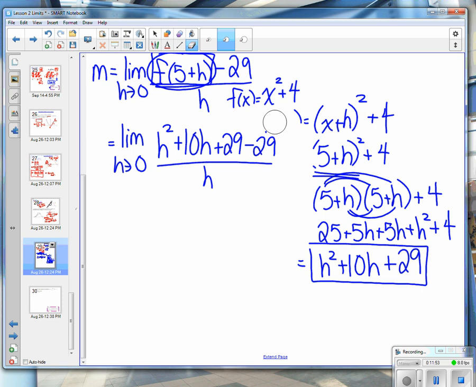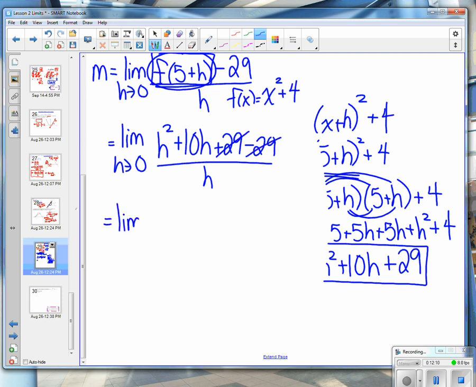Just trying to go slow because I know that this is a lot of math right now. And now what we want to do is simplify. You can see that we've got a 29 and a minus 29. So the limit as h is approaching 0, I've got h squared plus 10h divided by h.